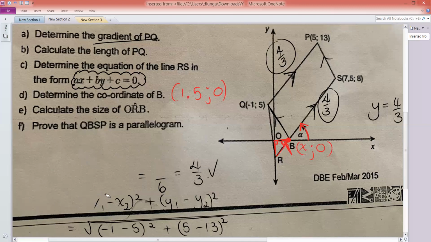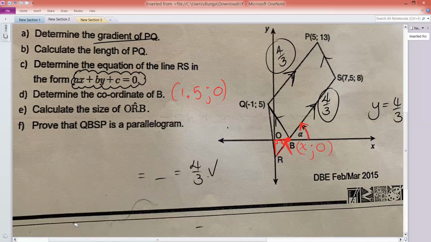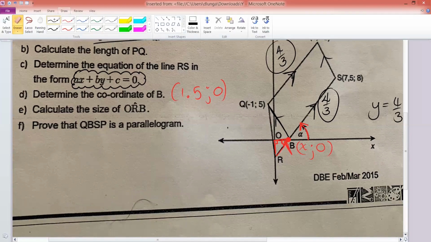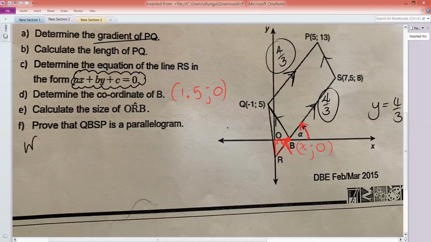That's just showing that the two gradients are the same. So let's work out the gradient of QB and the gradient of PS. If you show that they're equal, then it's a parallelogram. That's all you have to do for this one.